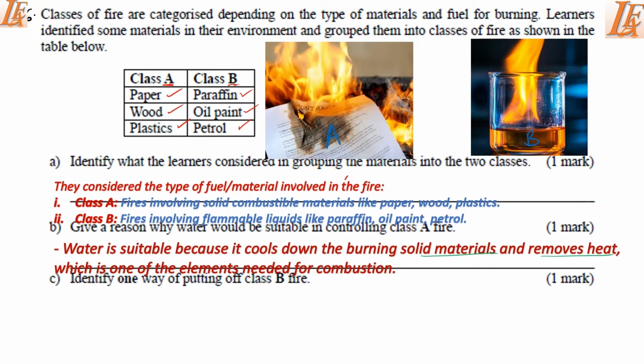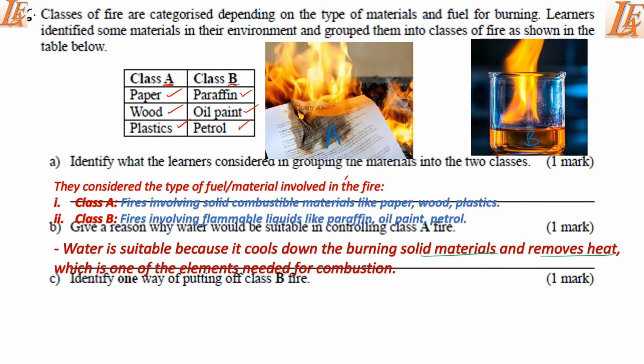The main reason is to remove heat from that material, because that material requires heat for it to burn. So if you use water, it is going to remove heat from that material, and therefore the fire will be stopped.